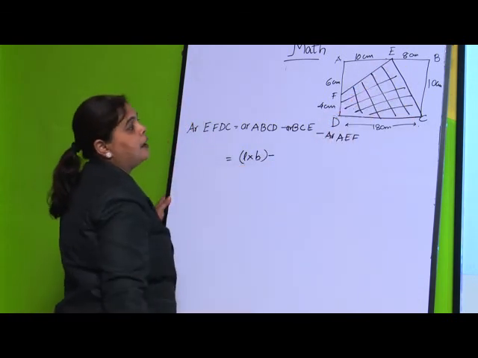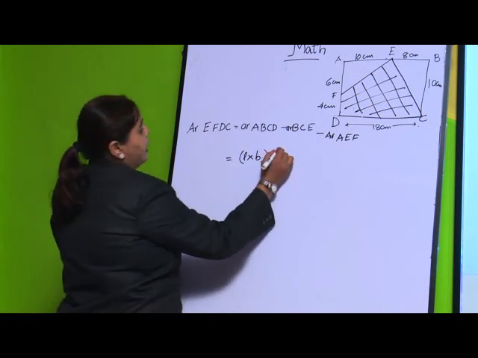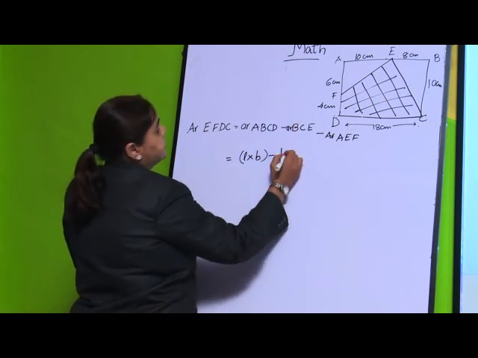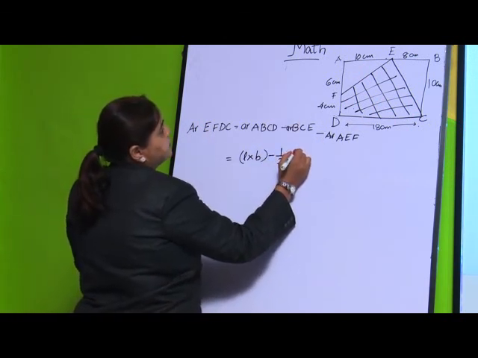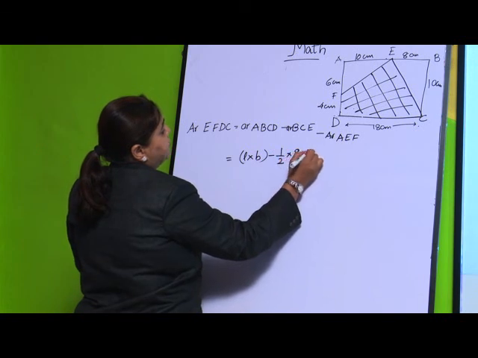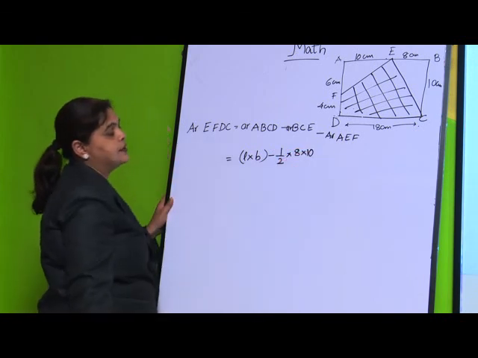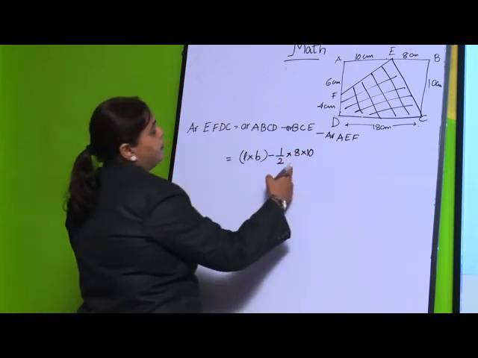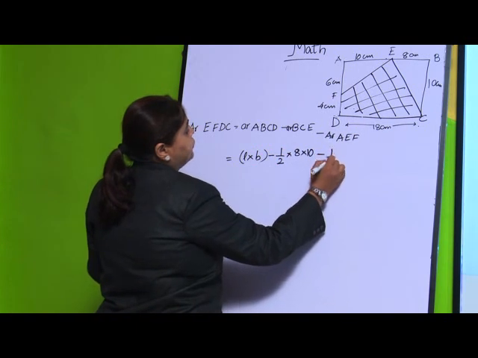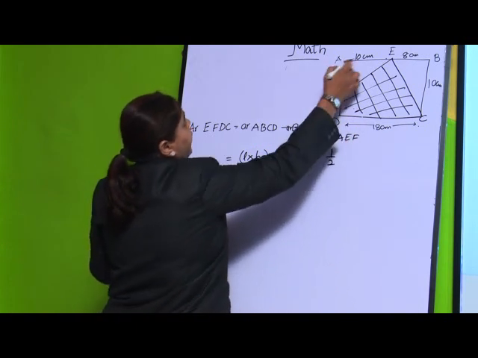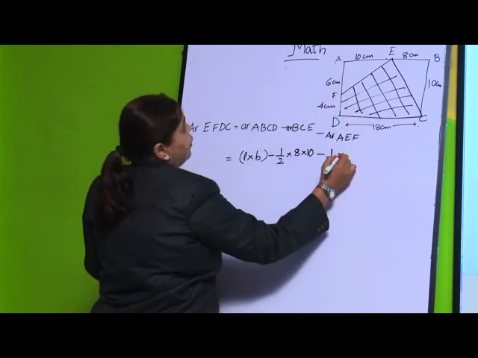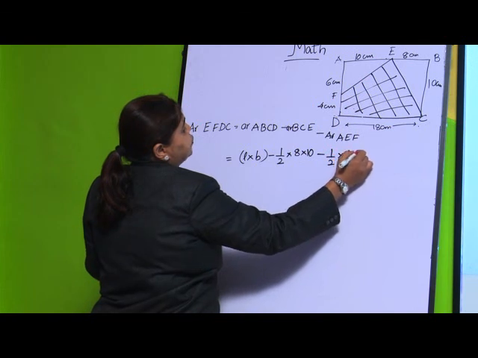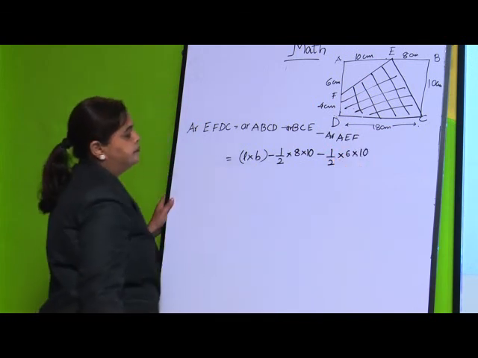So, what is the area of a triangle? It is half. Base is given to us as 8 and height is given to us as 10, minus half AEF. AEF is also half, 6 into 10 centimeter.